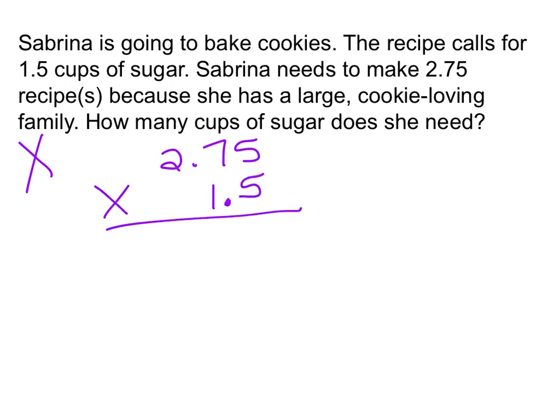Now, when you're multiplying, you really don't need to line up the decimals. You can, but I don't want you adding more zeros or anything like that, so you don't really have to line them up. I'm going to start counting the decimal places. That's 2, that's 1. So I'm going to need 3 decimal places in my product.